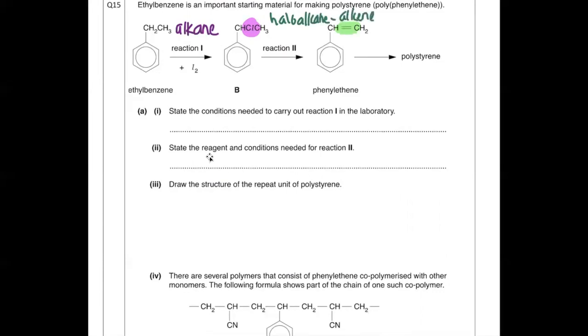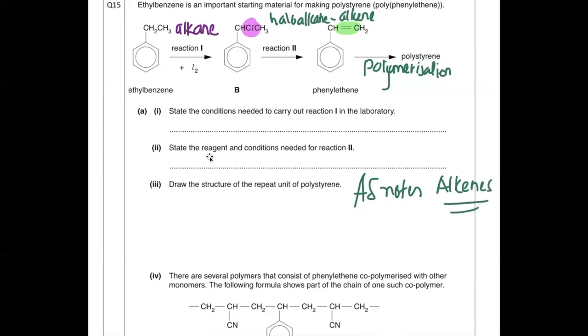Okay, and then alkene to polystyrene is polymerization. Okay, so these are mostly your AS stuff. Deduce the structure of the repeat unit of the polystyrene, please refer to your AS notes. Polymers is under the topic of alkenes.